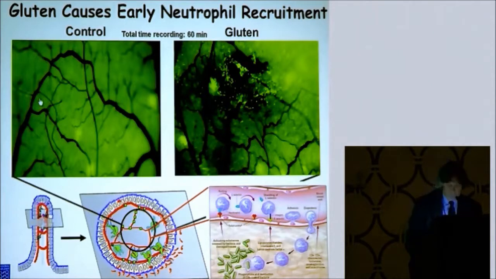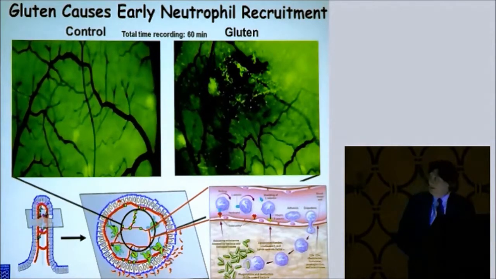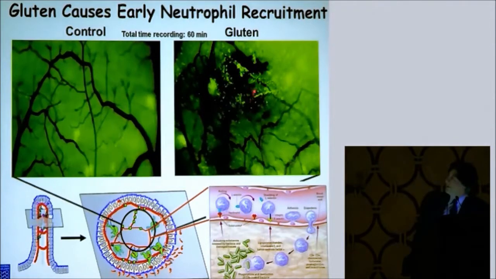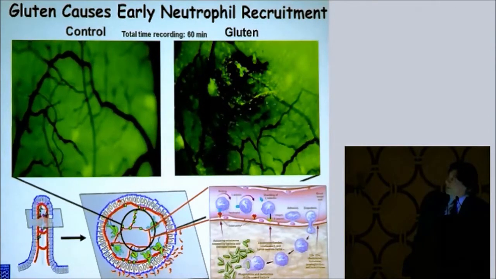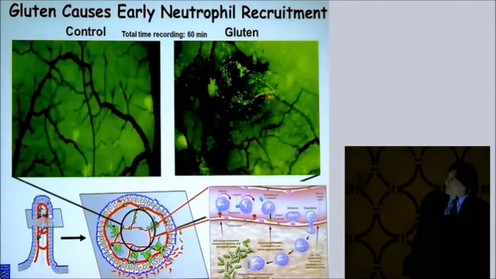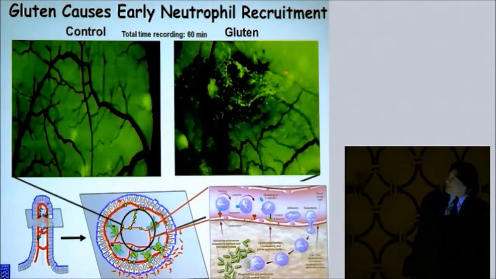Okay? So what you're going to see now is on the left, these are the villi of a mouse that has been exposed to another protein, BSA. This is the mouse that has been gavaged with gluten. And this is pretty much what you're going to see there. So see how many of these soldiers are stuck on the wall of the capillaries here, and then eventually start to move out and get into the external part, what we call the lamina propria.